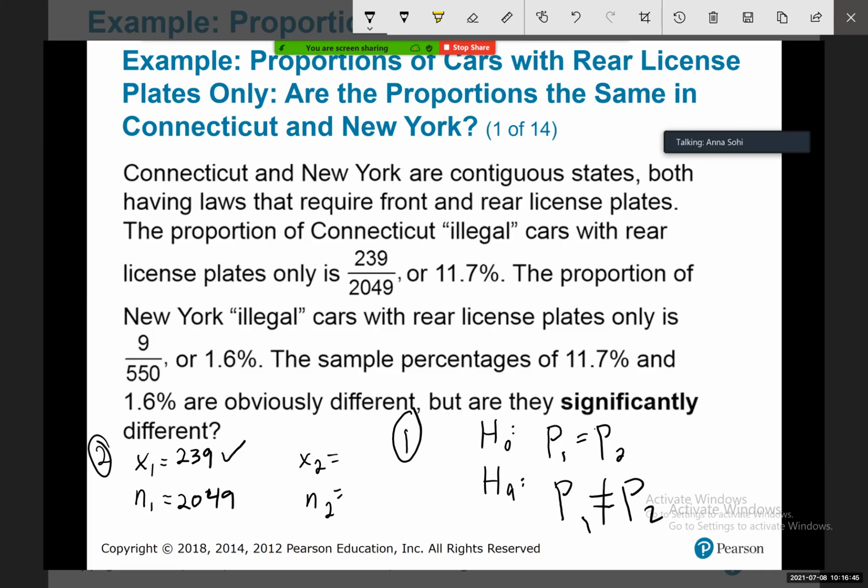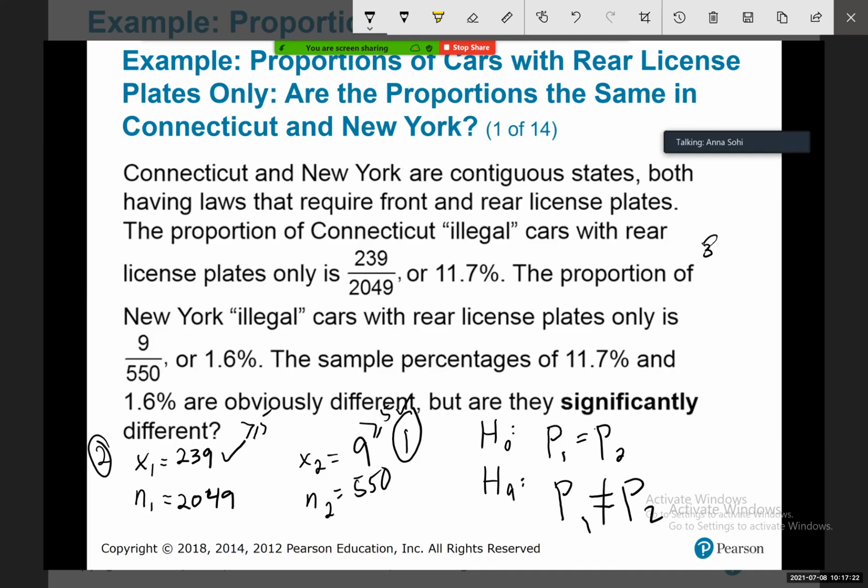So that's more than 5. And failures are those that are not illegal, so the difference of these two is again greater than 5. x2 is 9. 9 cars are illegal in New York out of 550. That's greater than 5. But also the failures, which are the remaining that are not illegal, is 550 minus 9. That's greater than 5 too. So are we set for this part?